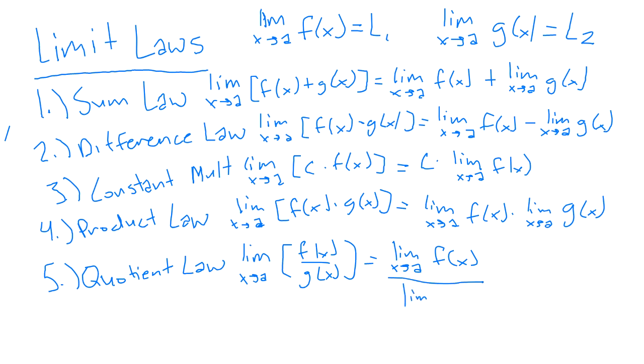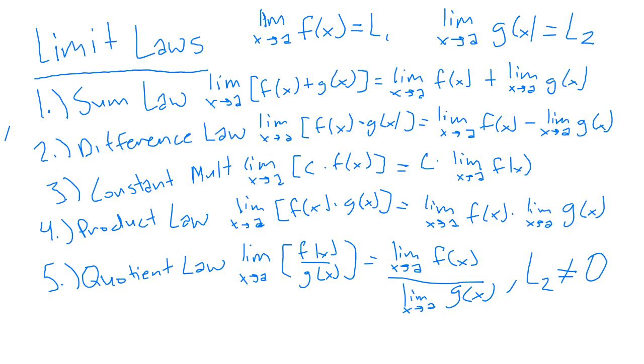But our limit of g of x, or our L2 as we've defined up there, cannot equal 0. If that equals 0, then we cannot use our quotient law. And these can all be applied to one-sided limits.